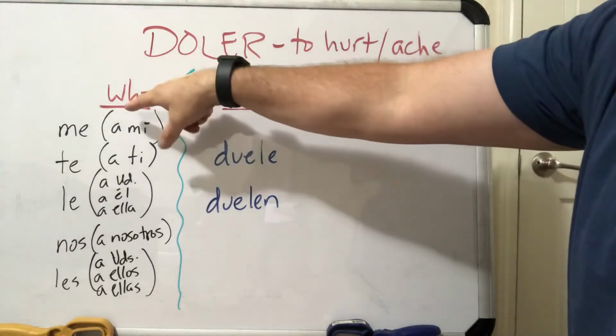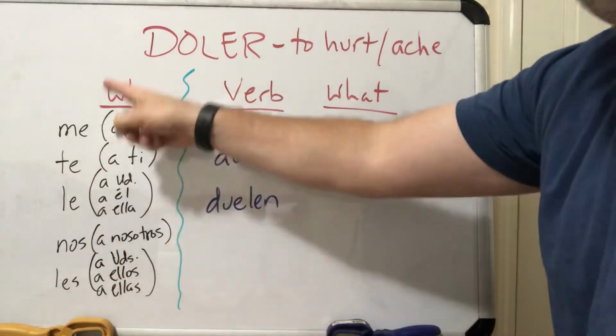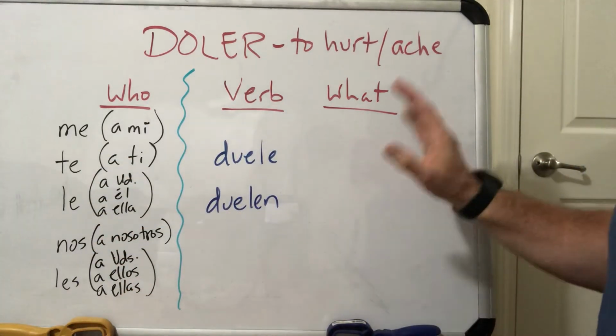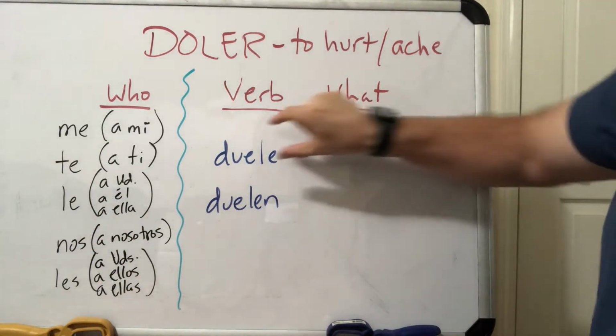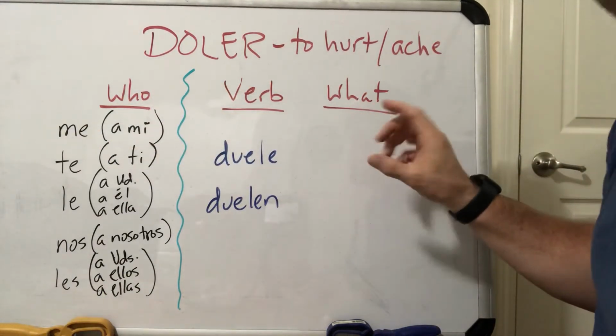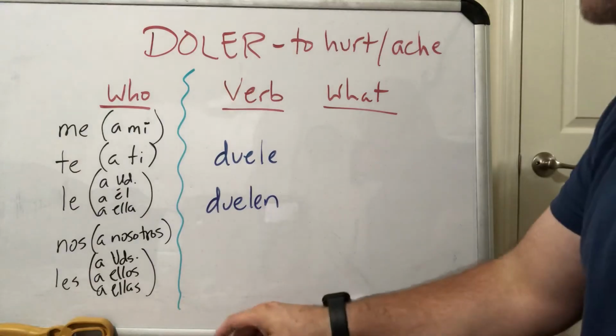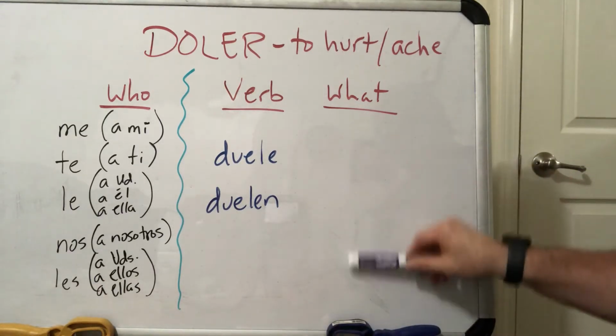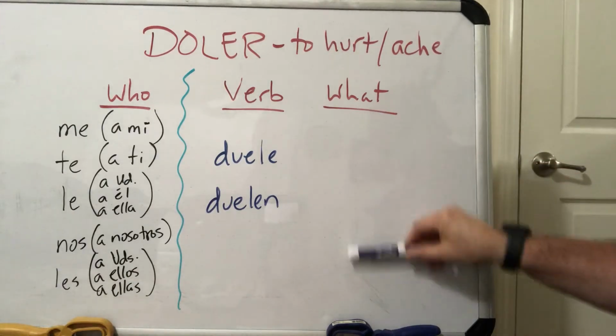It's not connected to the who, because this is not a subject. This is an indirect object. What you're really saying is, my arm is hurting me. So my arm is really the subject over here, even though it's written completely backwards, kind of like when we did gustar.